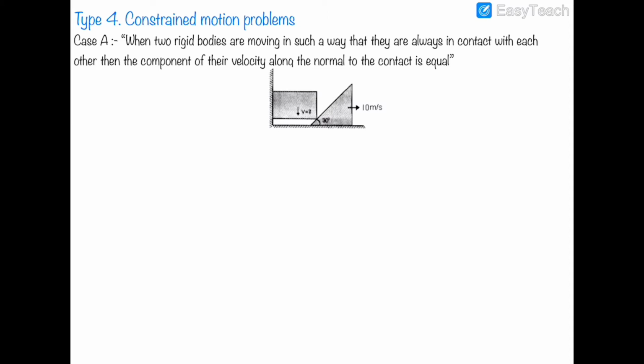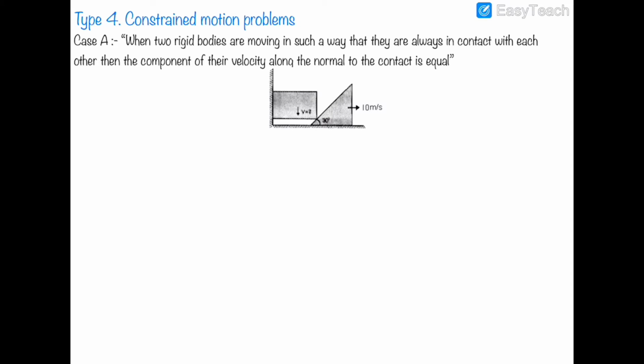Now what are the steps to solve these kind of problems? Here is the first step. You have to identify the fact that the contact between the two moving objects is always intact. I mean to say that they are always in contact with each other throughout the course of their motion.